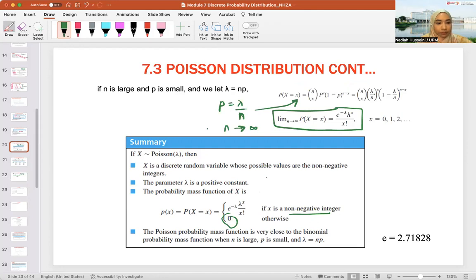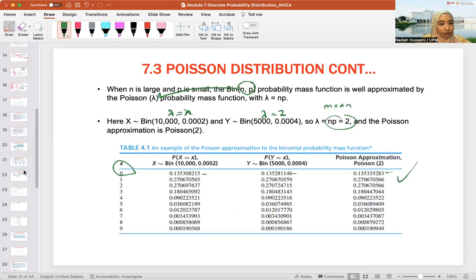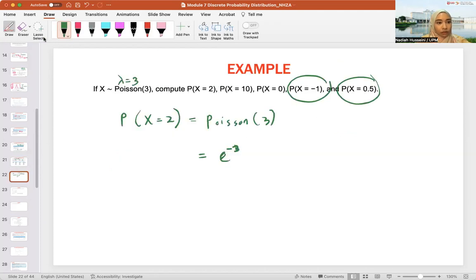Oh, I can't remember. E to the power of minus lambda, lambda to the power of x, okay. Lambda, sorry, 3.